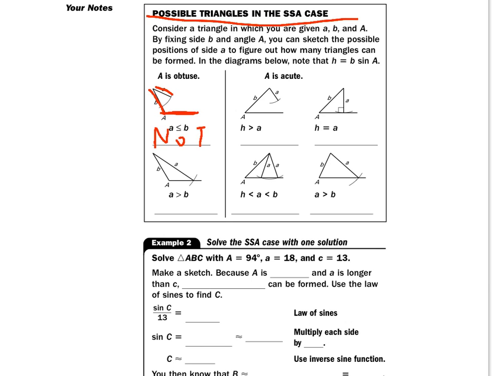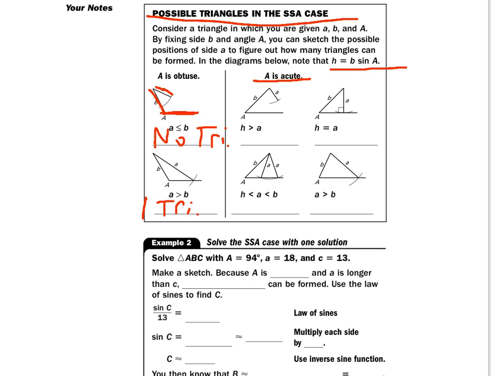Remember, the two smallest sides have to add up to something bigger than the third side to form a triangle. If A is bigger than B, then it'll reach down there and I'll get one triangle. When A is acute, when that angle is smaller, we're going to note that H is equal to B times the sine of A.